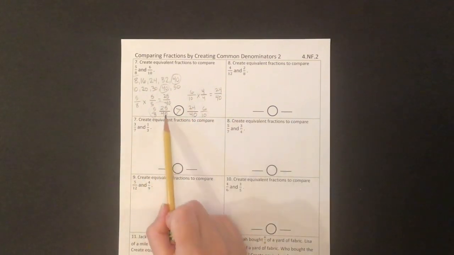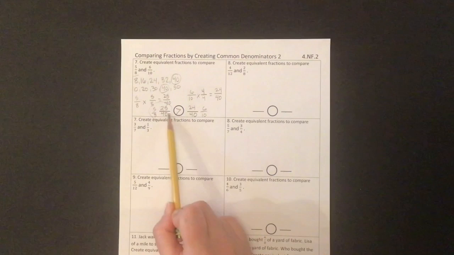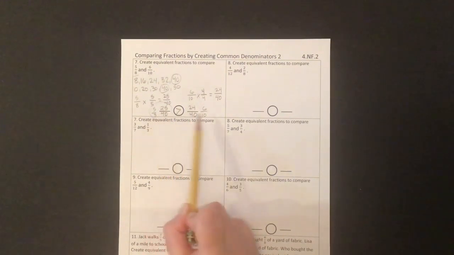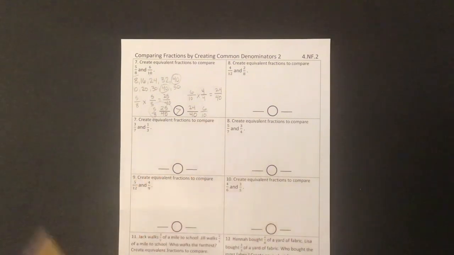Imagine how teeny tiny these pieces are with 40ths. That's how close the 5/8 is to the 6/10. Those are really, really close to being equal. Just remember to list out the multiples, find a common multiple, and then create your equivalent fractions.